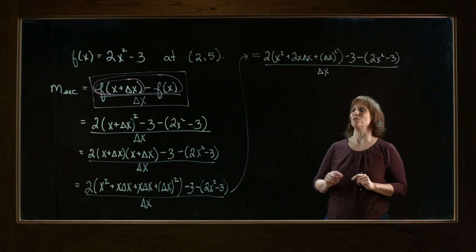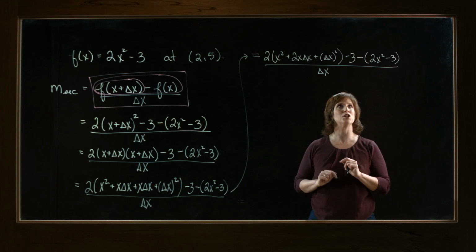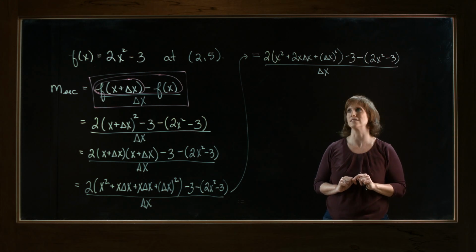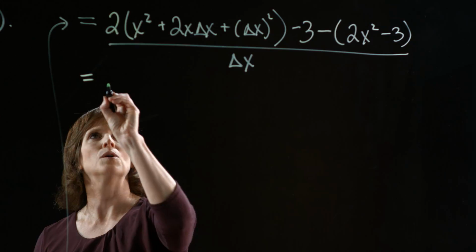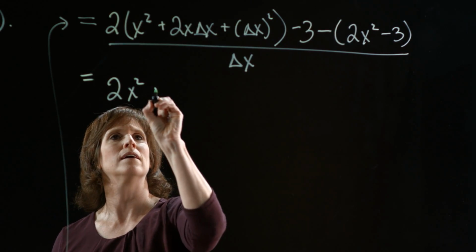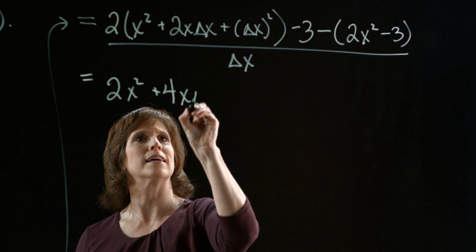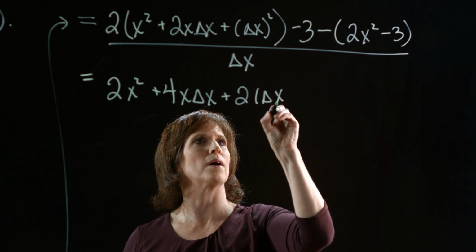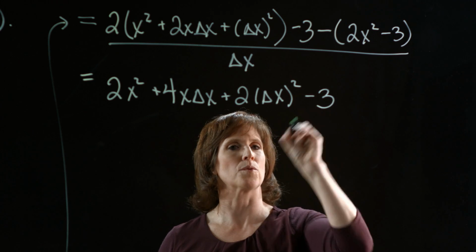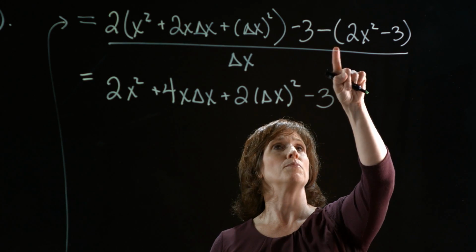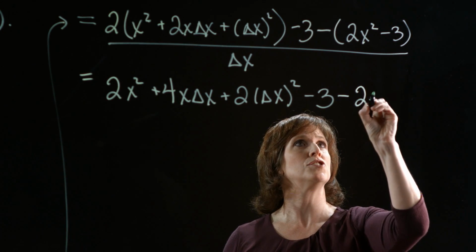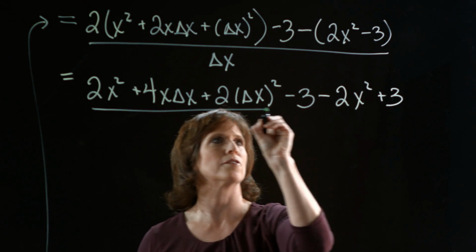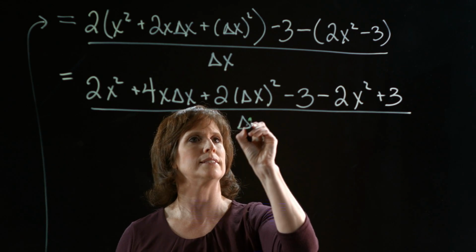Now I'm ready for the distribution. I'm going to go ahead and distribute the 2, and while I'm at it, I'm going to distribute the minus across that second set of parentheses as well. So I have 2x squared plus 4x delta x plus 2 delta x squared minus 3, and distributing the negative across, a minus 2x squared plus 3, all over delta x.